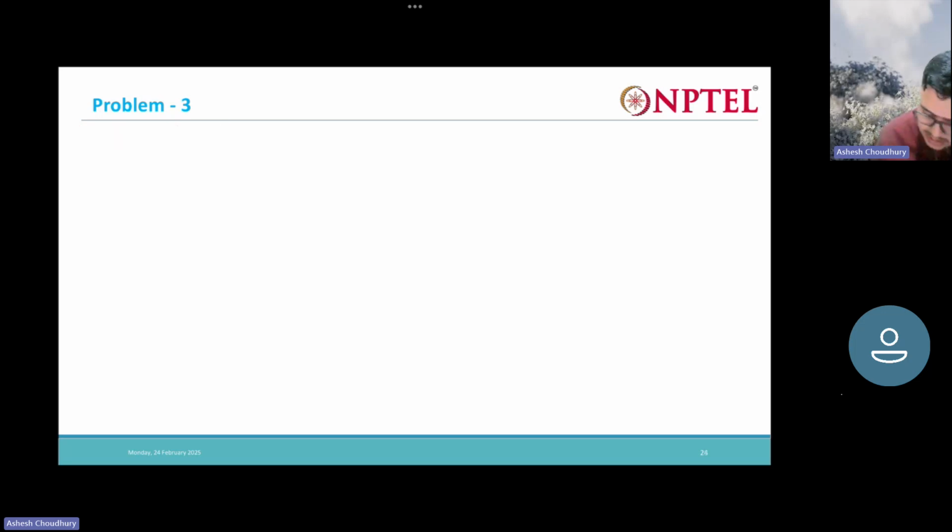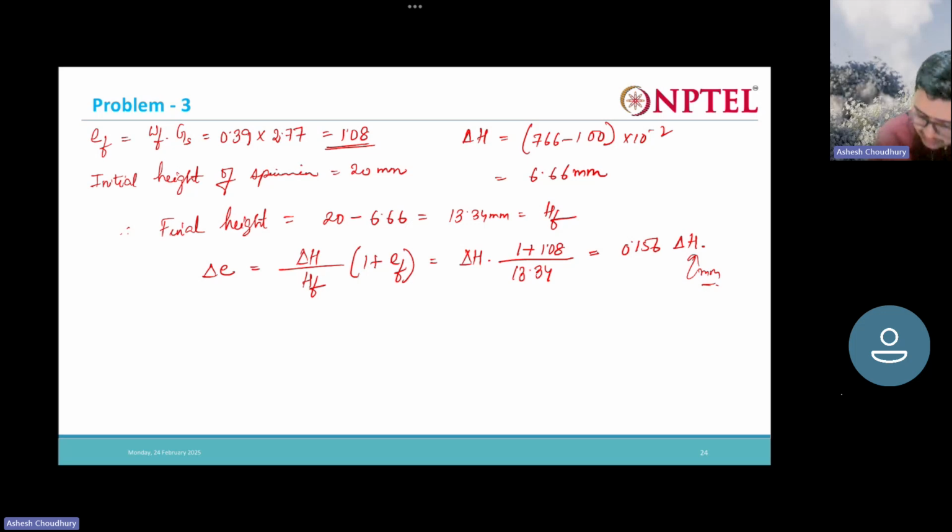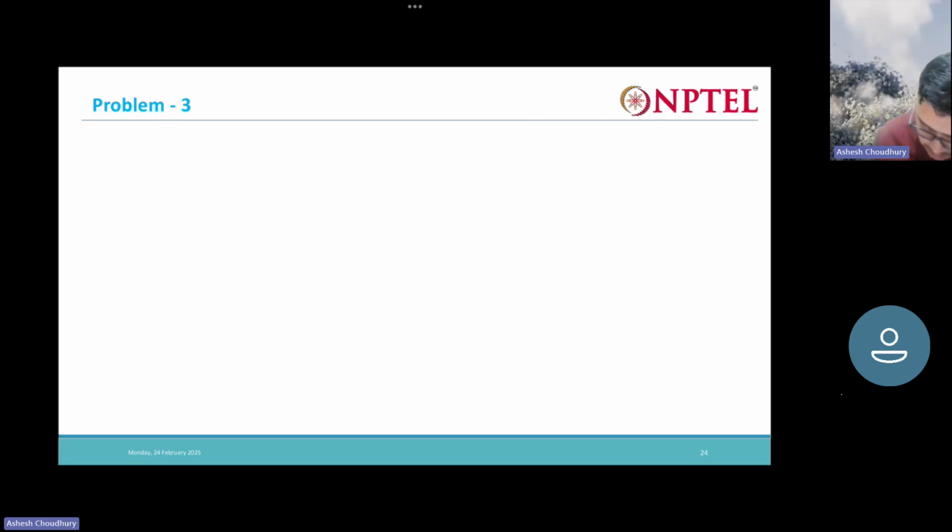What is delta e? Delta e is nothing but 0.156 times that delta H. And then we have the void ratio, that is e final minus delta e. We'll start from the bottom.